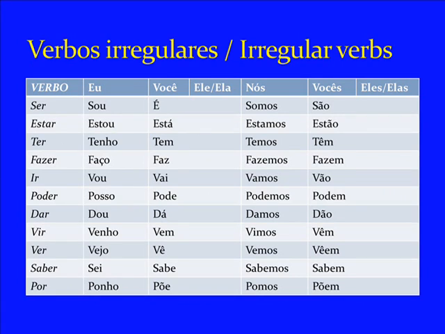Okay, I decided to add a couple more slides to this presentation because although I announced that this would be verb conjugations in the present tense for regular verbs, I wanted to add on some irregular verbs, or verbs that have irregular forms in the present tense. Because the 10 or 12 verbs that you can see listed on this slide are extremely common, verbs that are used every day in a multitude of situations, right?